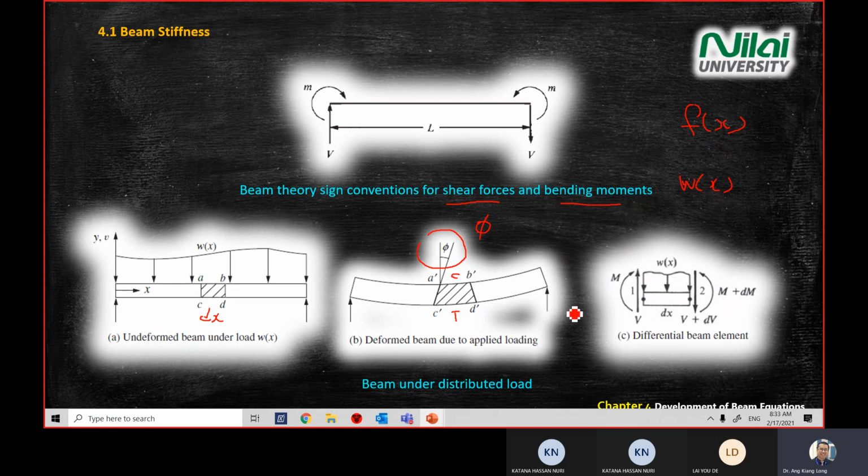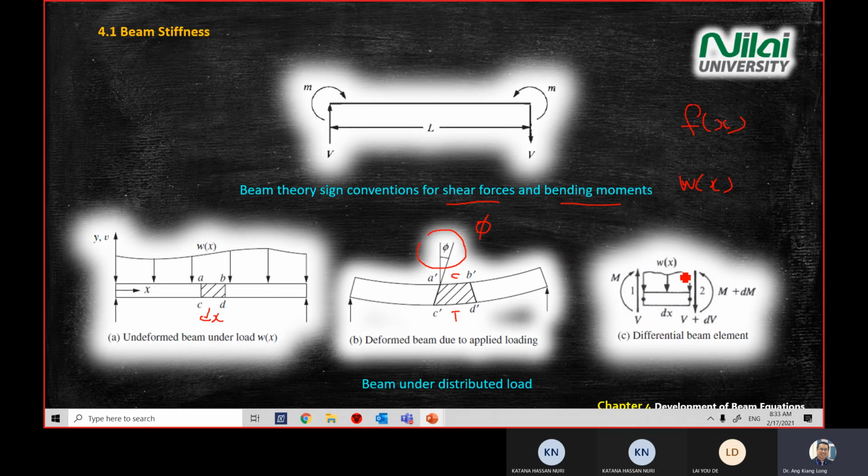When you look at a beam, these are guidelines for you to draw the beam element. Make sure when you draw a beam element free body diagram, you have all these components. You have a shear loading at point 1 and point 2. You have a moment at point 1 and point 2, and then the loading.